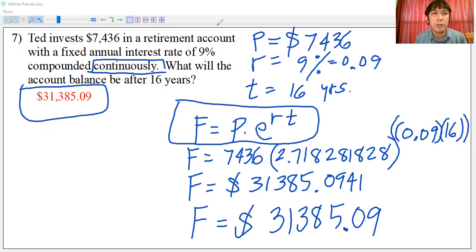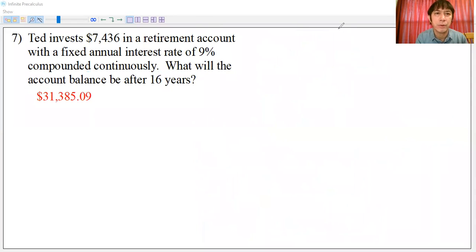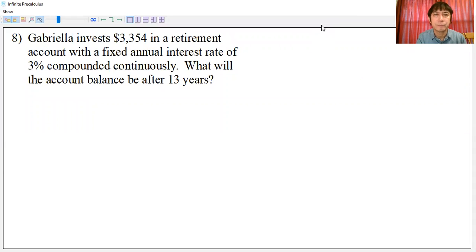Let's clear the screen. Let's continue with number 8. Gabriela invests $3,354 in a retirement account with a fixed annual interest rate of 3% compounded continuously. What will the account balance be after 13 years? You can see there compounded continuously, so you know what formula to use here.